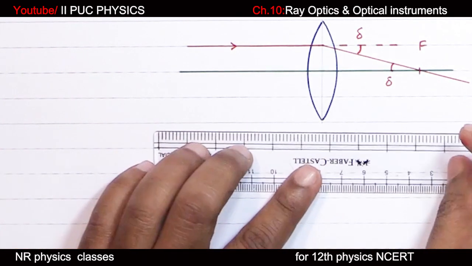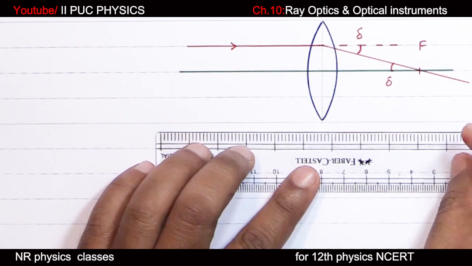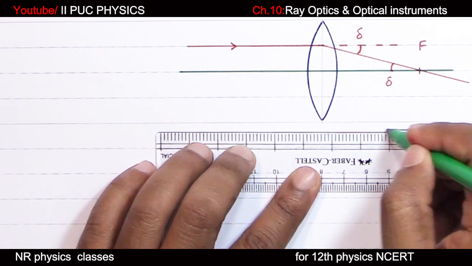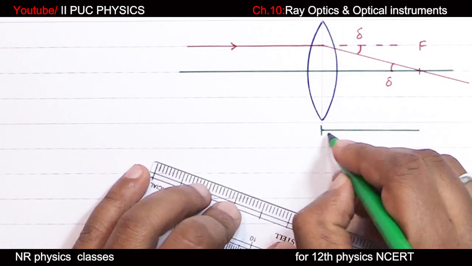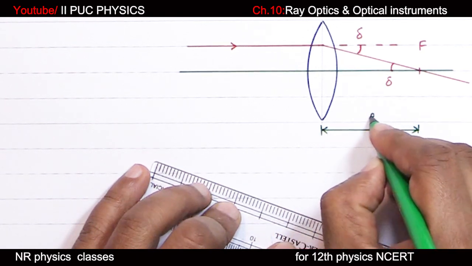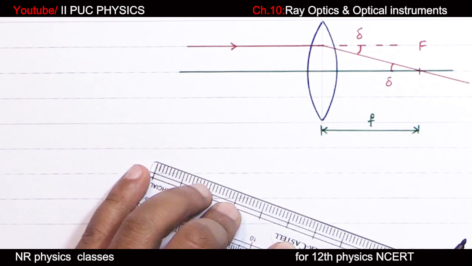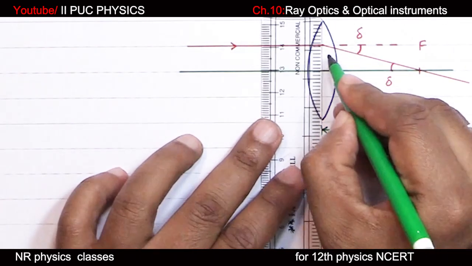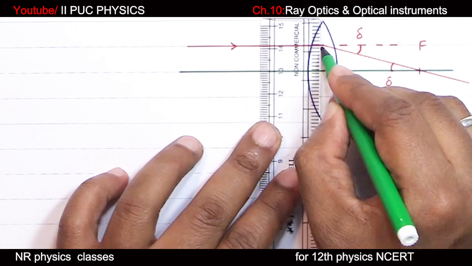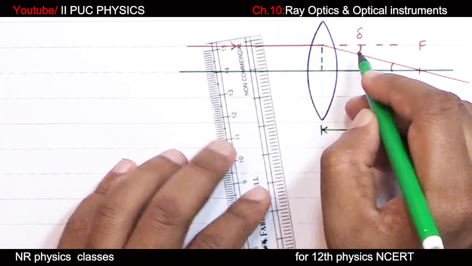Distance of the focus from the principal section. This distance is the focal length, denoted by F. Let me consider this height, the distance of the incident ray from the principal axis.